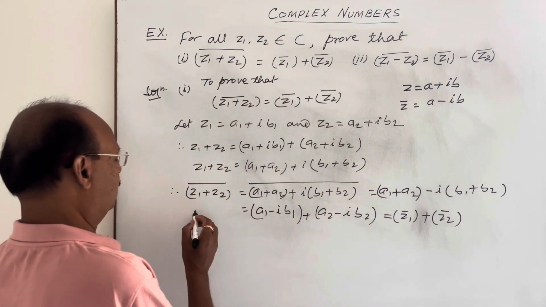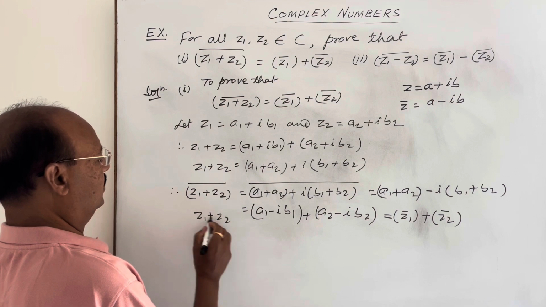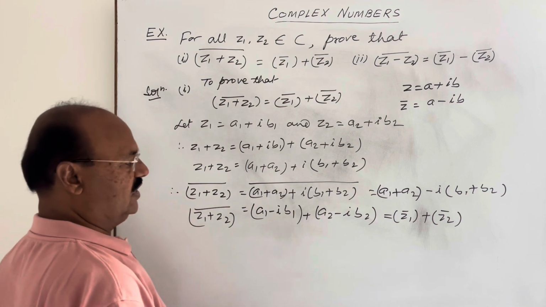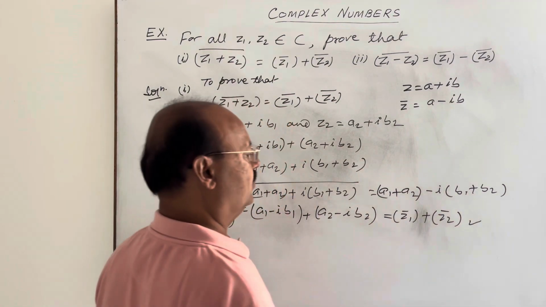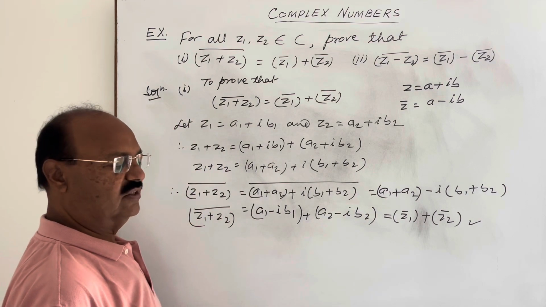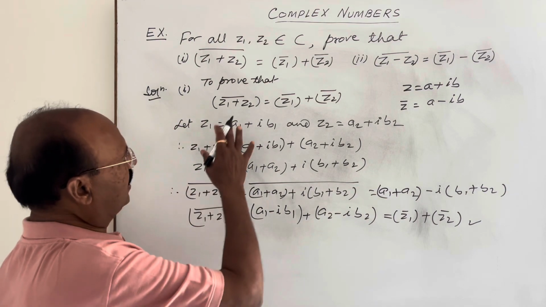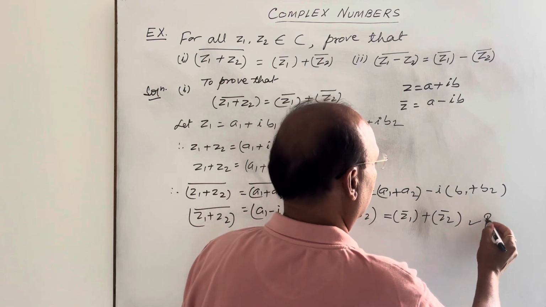So it has been proved here that conjugate of Z1 plus Z2 is equal to conjugate of Z1 plus conjugate of Z2. So first part has been proved.